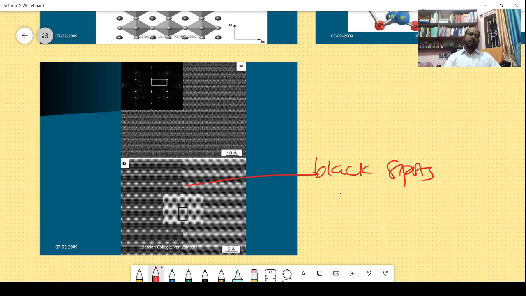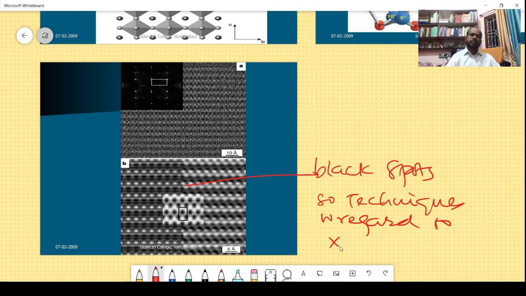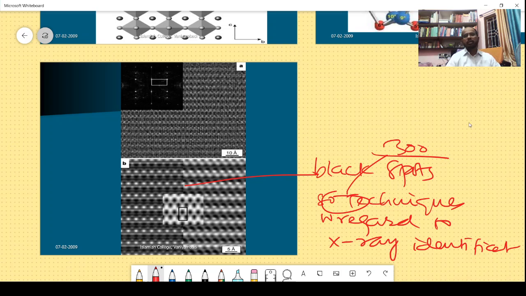Okay, there are some 80 techniques with regard to X-ray identification. Some books even have 300 techniques, like for example XPS, X-ray photoelectron spectroscopy, and XRD, or even simply X-ray scattering techniques, something like that.